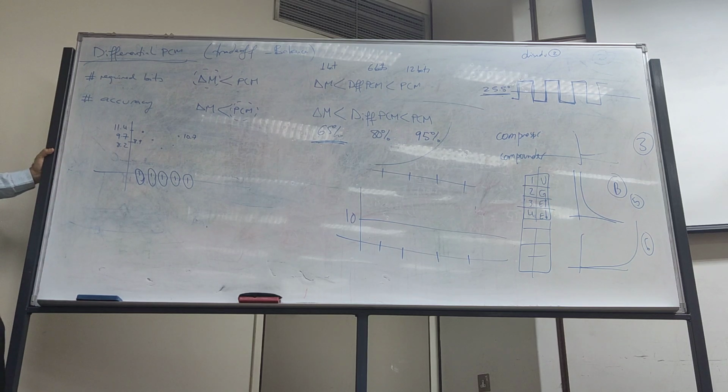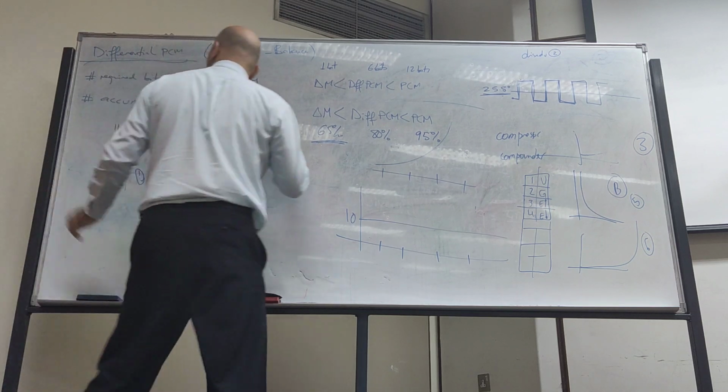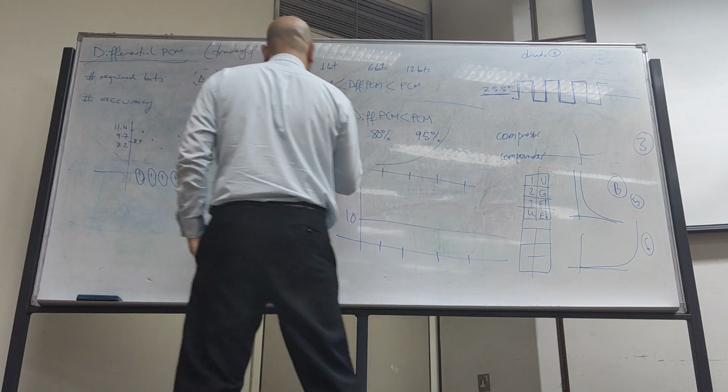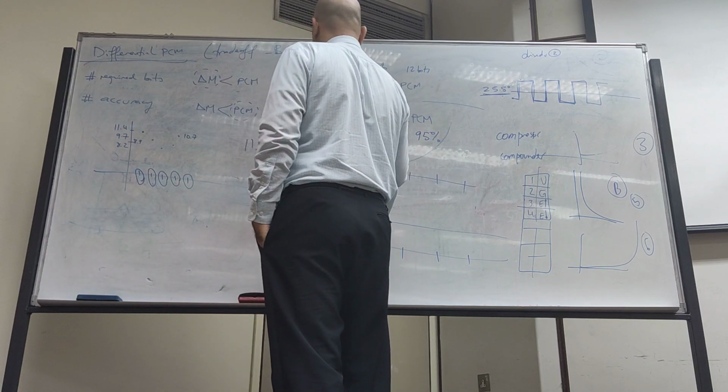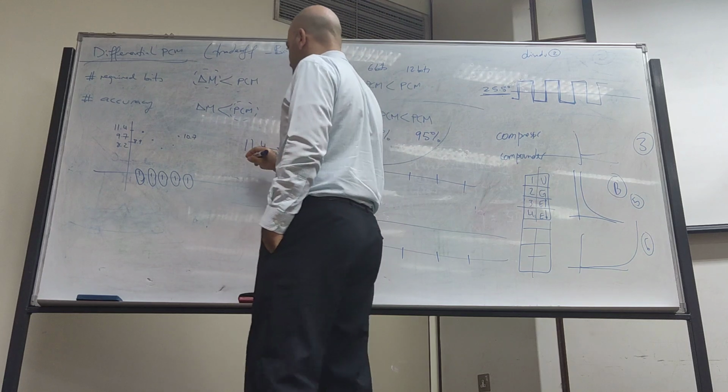So here they said, okay, can we have some intermediate? How to do this intermediate? Can we check how much is the increase and decrease? So here, from 11.4 to how much I wrote? 9.7. How much here is the decrease? This is 1.7. Good.